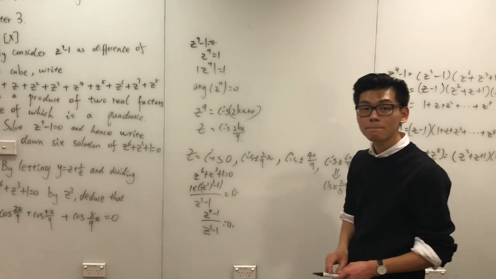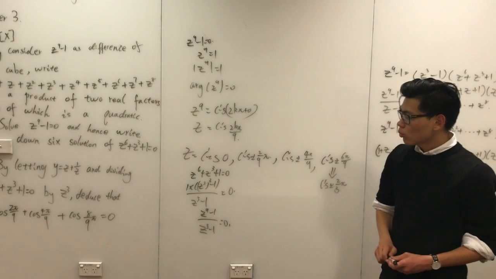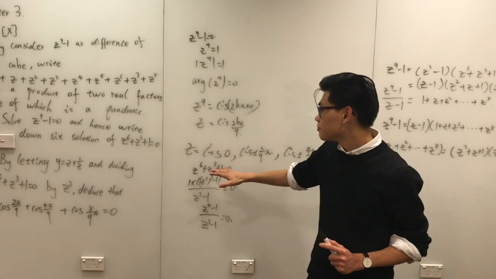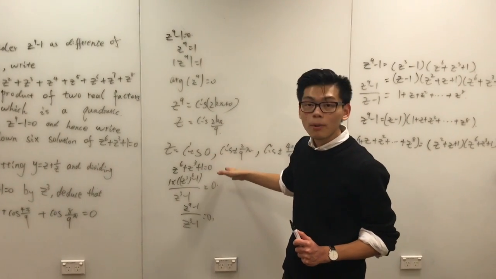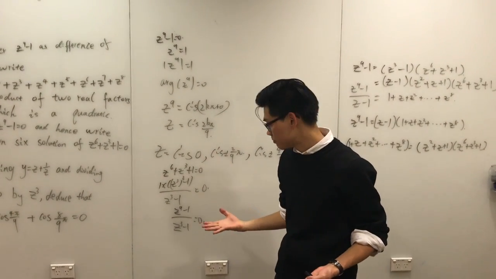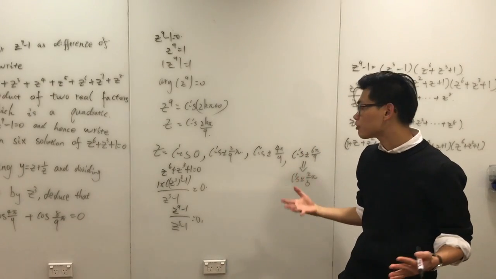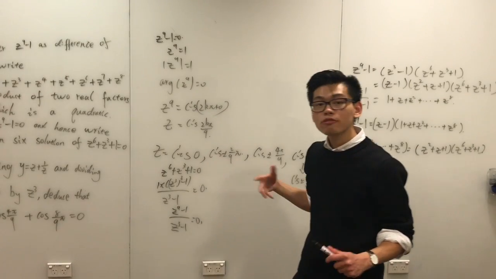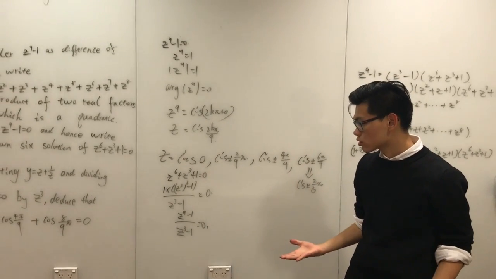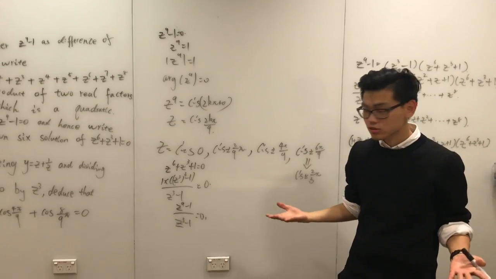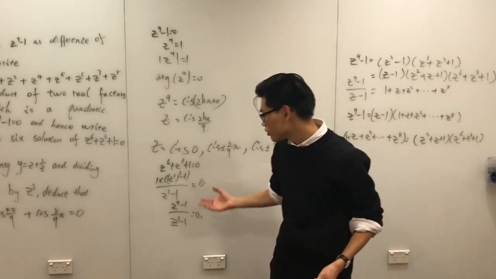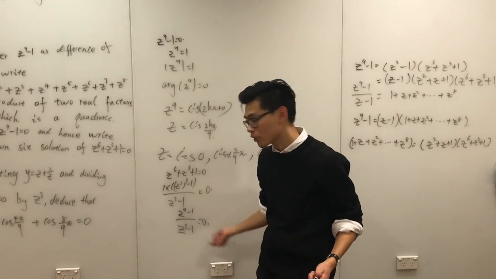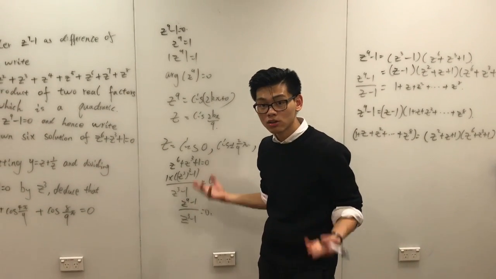Right? So what does this expression mean? It means z to the power of 6 plus z cubed plus 1 will have 6 roots. And these 6 roots come from the roots of z to the power of 9 minus 1. But z to the power of 9 minus 1 has 9 roots. So where are the other 3 roots? The other 3 roots should be the roots of z cubed minus 1, because z cubed minus 1 can't be 0.